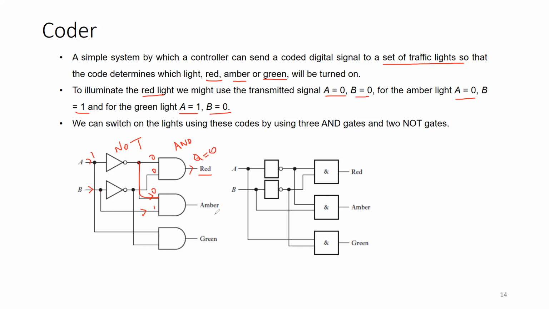Thirdly, A1, B0. You can have another combination also, A1, B1. Another combination can be taken like this, where the signals are directly fed from here, like this signal is directly fed, like this. Something like that you can have.